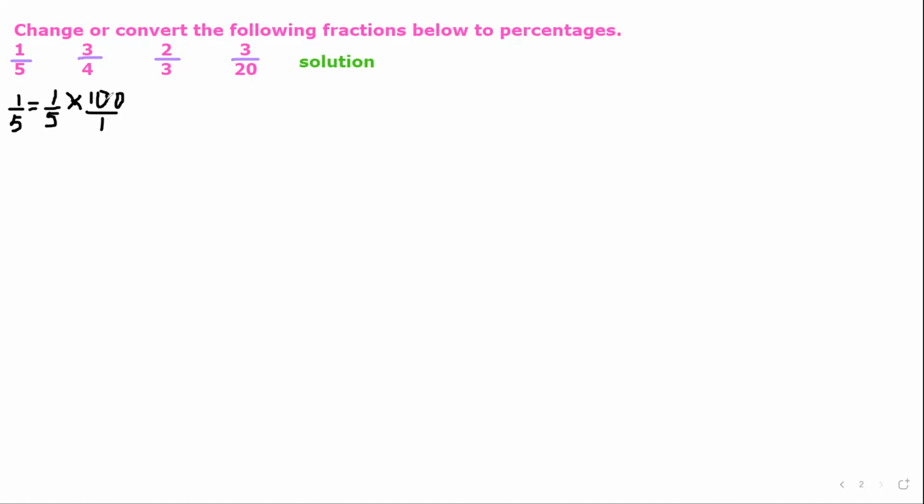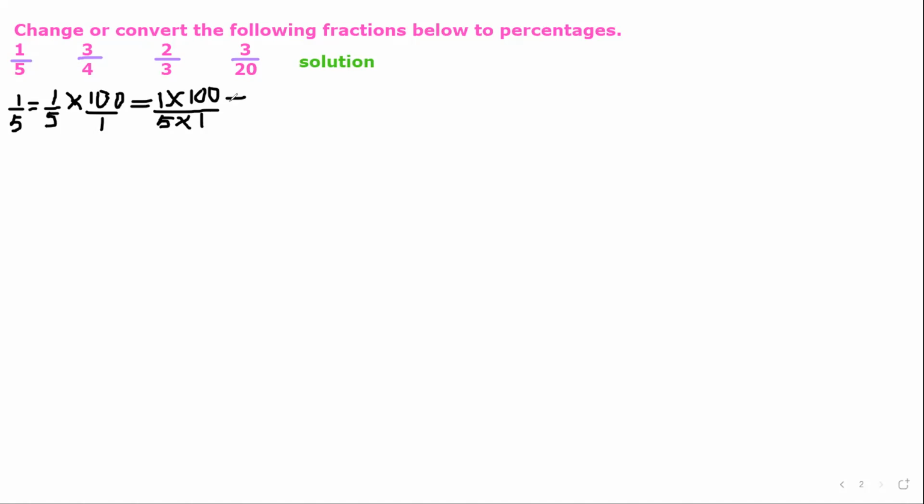Now, multiplication means what? First, multiply the numerators. And now we have the numerators to be 1 times 100 here, all over, and then you multiply the denominators, which is 5 times 1. The last digit of 100 here is 0, and this number is 5, so you can use the 5 to cancel.